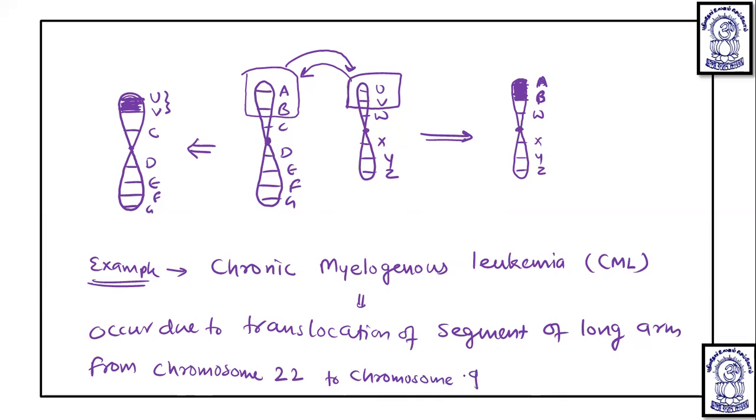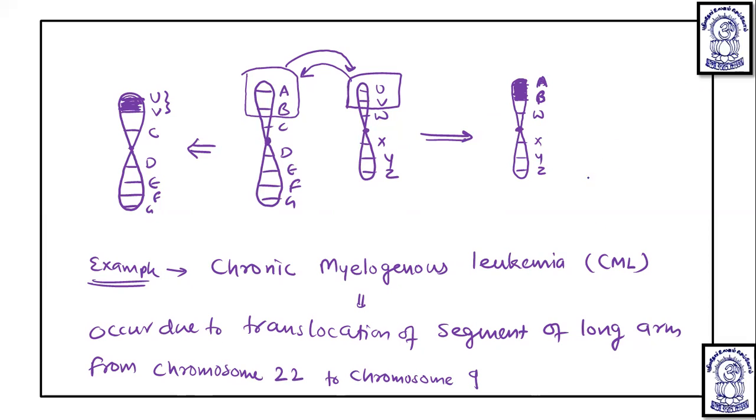So the deletion is occurring on chromosome 22 and the addition is occurring on chromosome 9. So chromosome 22 is getting shortened, and this chromosome 22 was discovered in Philadelphia city.